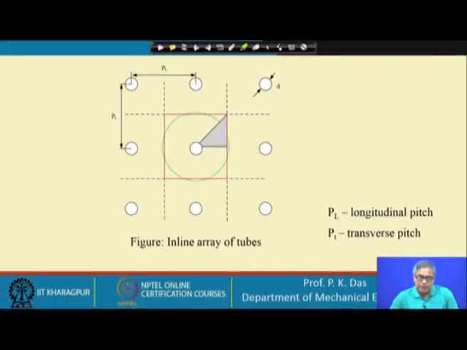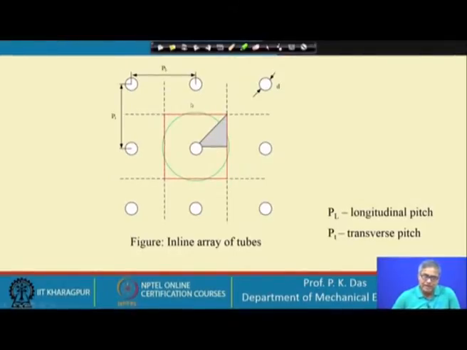Suppose this is a tube, and through this tube some fluid is passing whose temperature is different from air. So, the area of the fin surrounding the tube will be affected by the temperature of the tube periphery, and the affected area is shown by this red line. The effect of the tube will not penetrate in the fin beyond the red line.